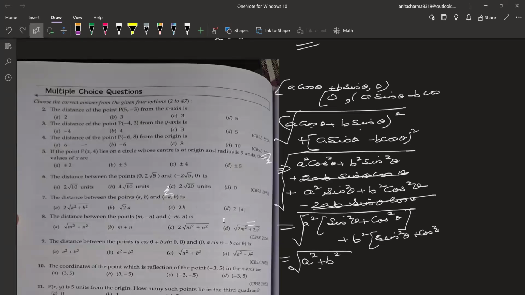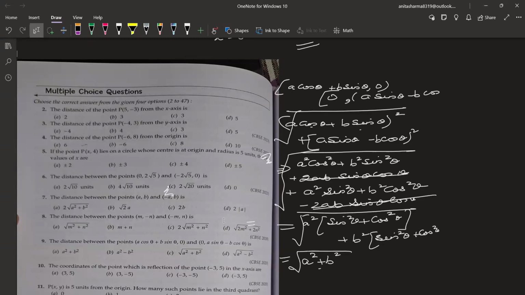Ma'am, what do you mean by the reflection of the point? What will be the point of the reflection? Think about it. The values remain the same, right? Yes, ma'am, but their signs will be changed, na?